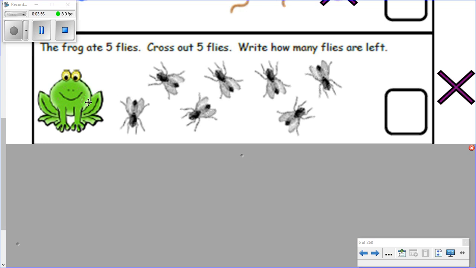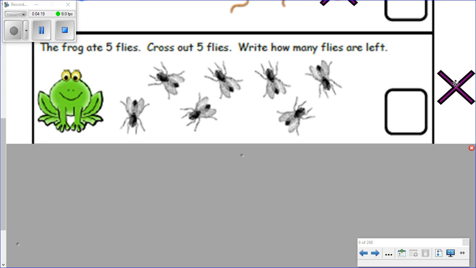Look at that. This one's about a frog. So we know the word frog will be in the story. And there are flies. So we know those words will be in the story. Read along with me. The frog ate 5 flies. Cross out 5 flies. Write how many flies are left.